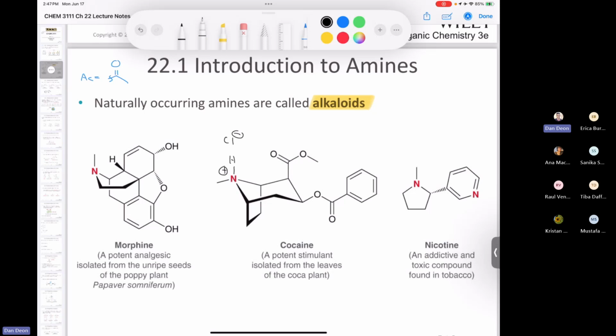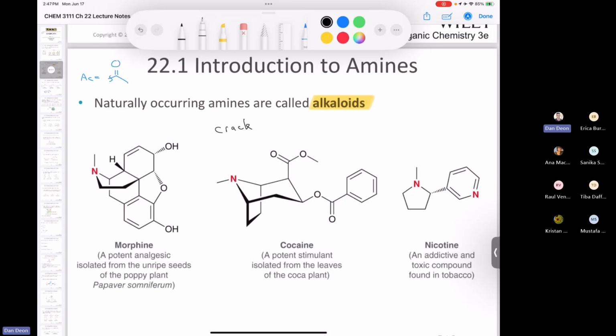That way it's water soluble, so that when it's snorted, it's absorbed through the nasal passages very quickly. But if you freebase it, meaning you take cocaine and treat it with something like sodium bicarbonate, then it becomes the freebase, and that's how they make crack cocaine. So crack is made by taking cocaine, a hydrochloride salt, and treating it with a base like sodium bicarbonate.